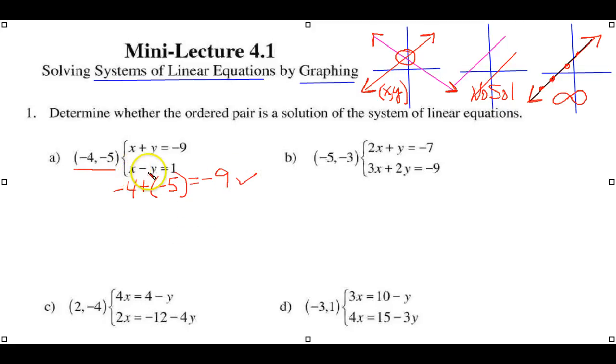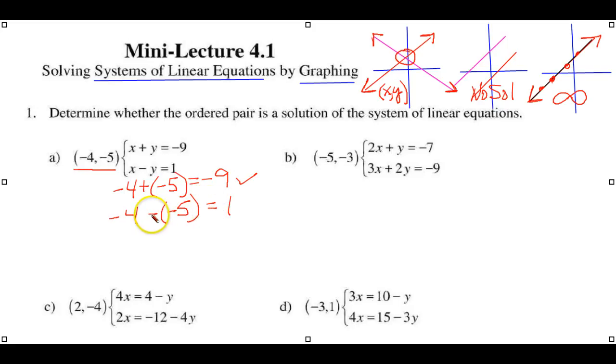All right, how about this one? A negative 4 minus a negative 5. Notice we have to bring in that negative sign as part of our answer. And does that equal 1?